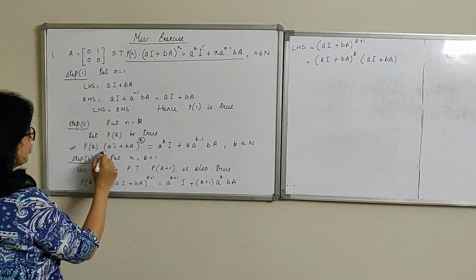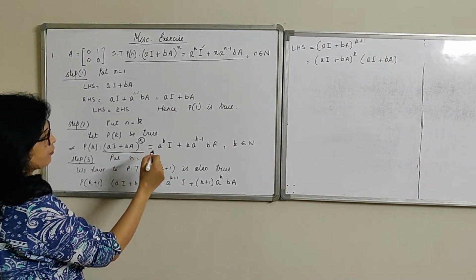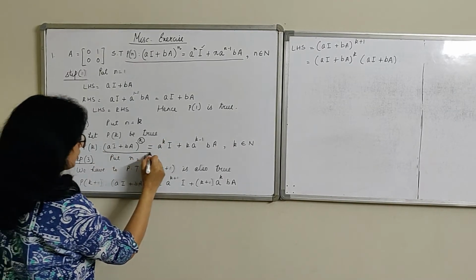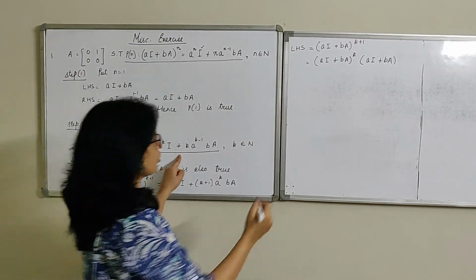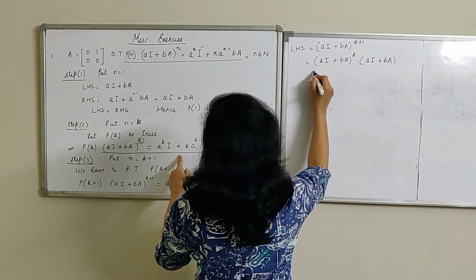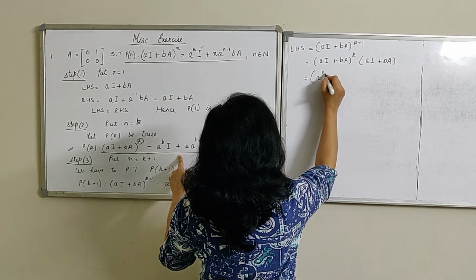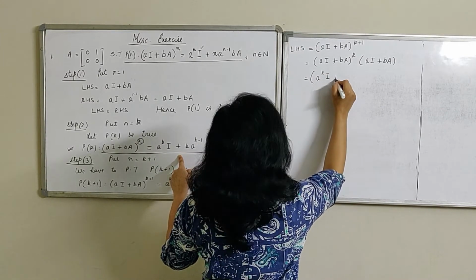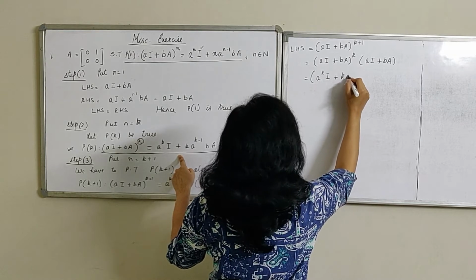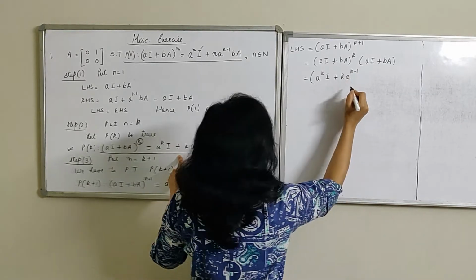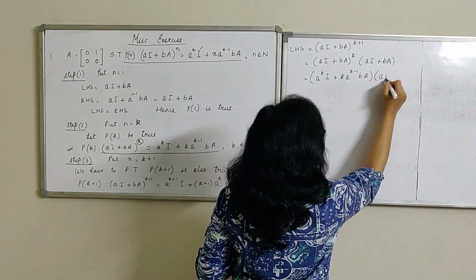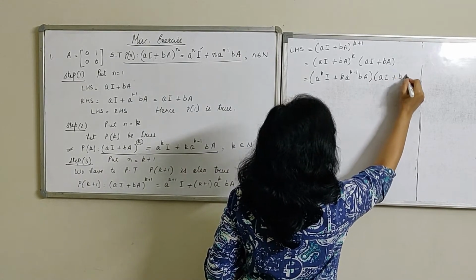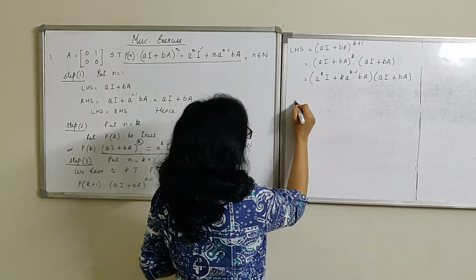This expression which we have obtained here can be used over there. So I am just underlining this, replacing this term by this expression on the right hand side. We get a to the power k into I plus k a to the power k minus 1 b into A into (aI plus bA). Let's perform the multiplication.